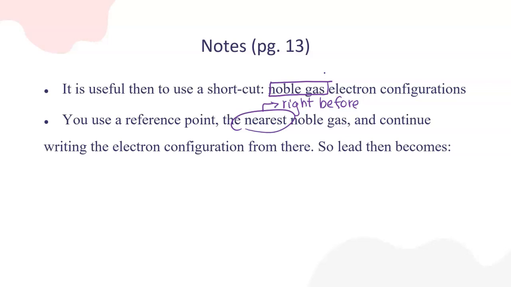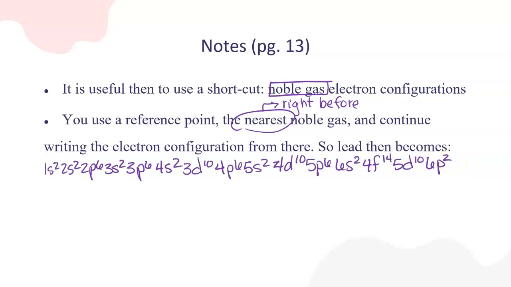So lead starts off as this full configuration. From this we can shorten it by using a noble gas electron configuration, or core shortcut. We look at lead and go to the previous noble gas, not the one after, but the one right before.